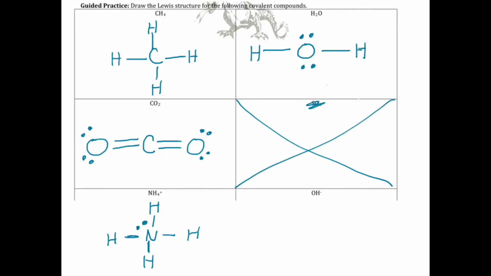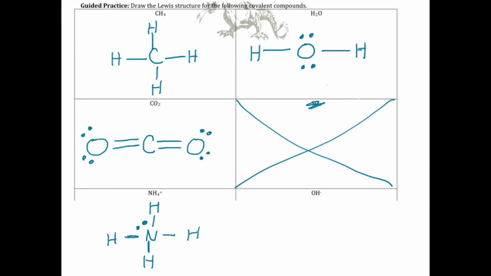To do that, you need to count electrons twice. You first need to count the electrons in the formula, and then count the electrons that are in the structure. So you're going to add up the valence electrons in the formula, and then see how many electrons there are in your structure. So let's go ahead and do that.